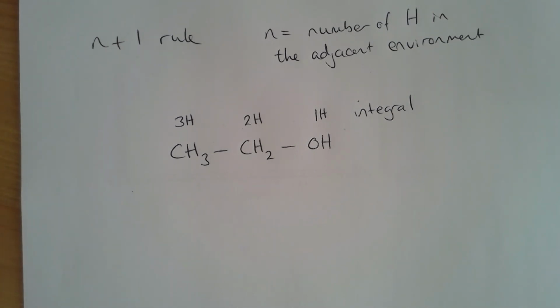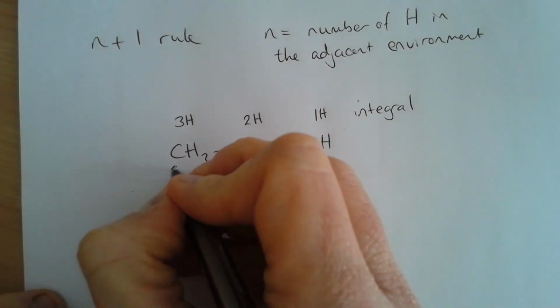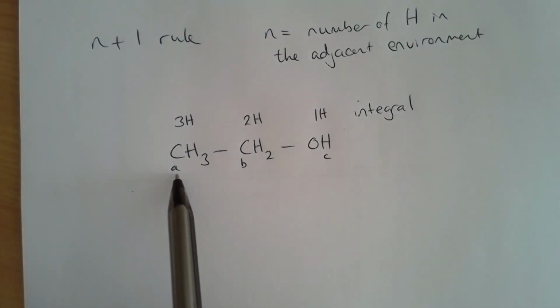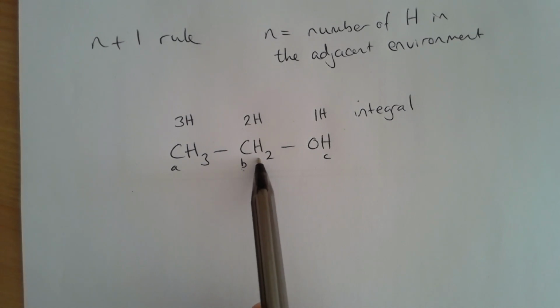So we'll call this one environment A, environment B and environment C. If we have a look at environment A, it is adjacent to, next to, environment B. Environment B has 2 hydrogens in it.